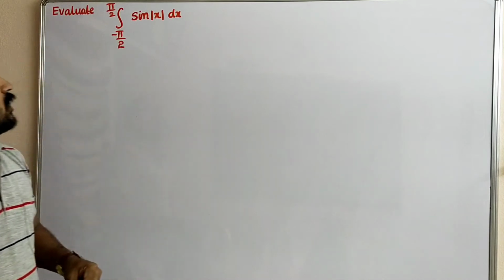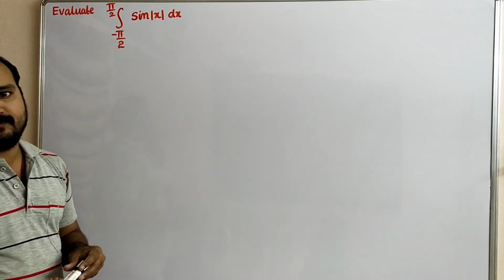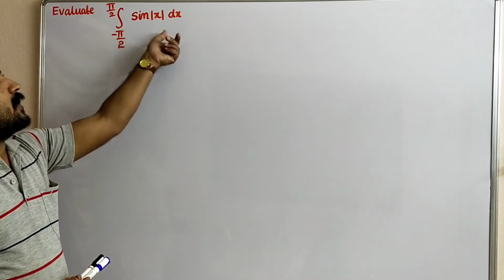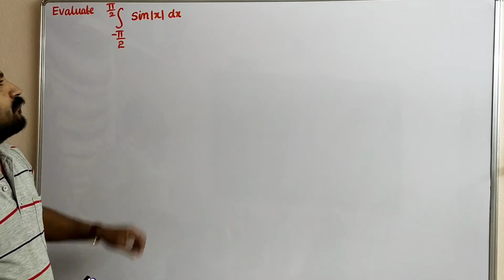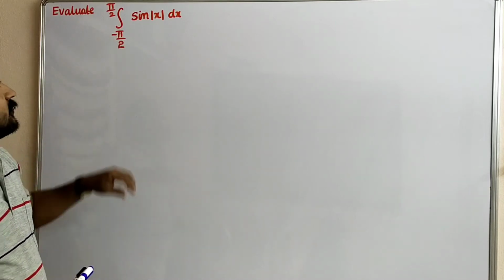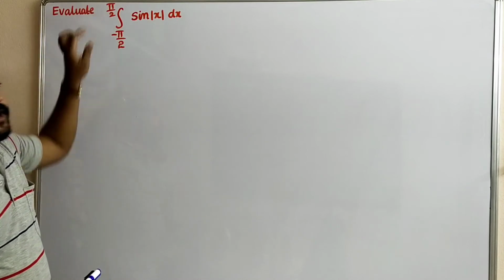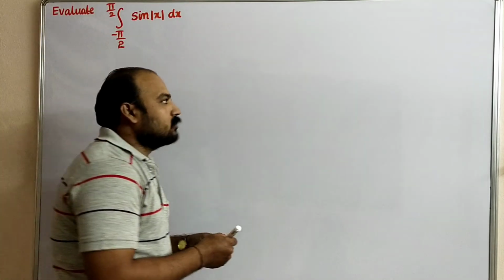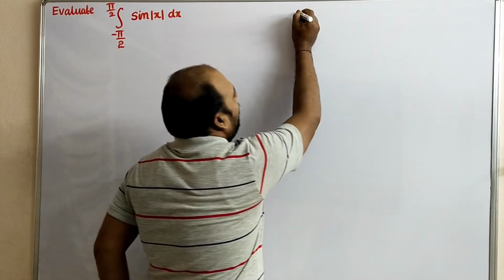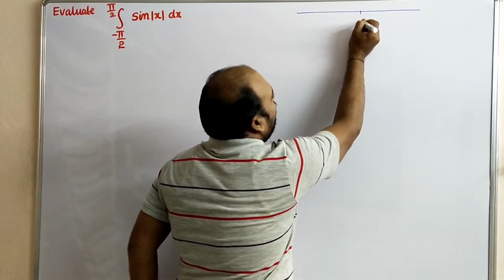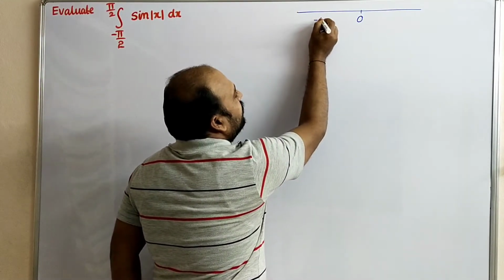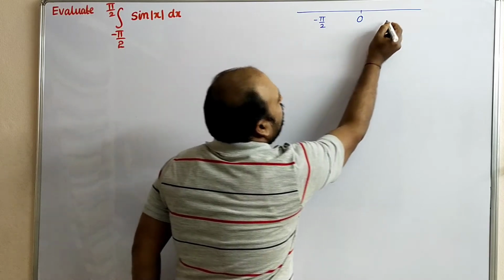So how to evaluate these type of problems? So sin mod x is there. We know that mod x definition, and integral minus pi by 2 to pi by 2. So first observe the real number line. This is 0, this is minus pi by 2, this is plus pi by 2.